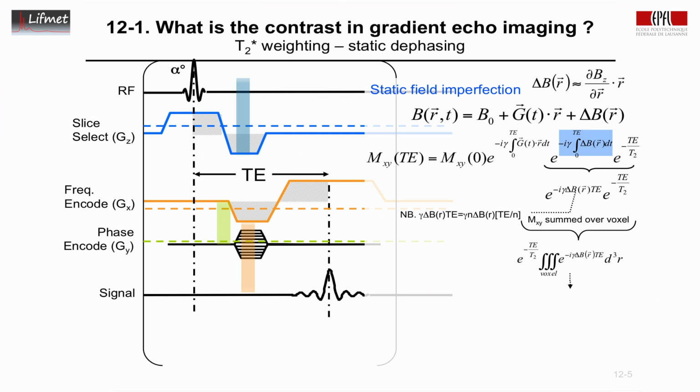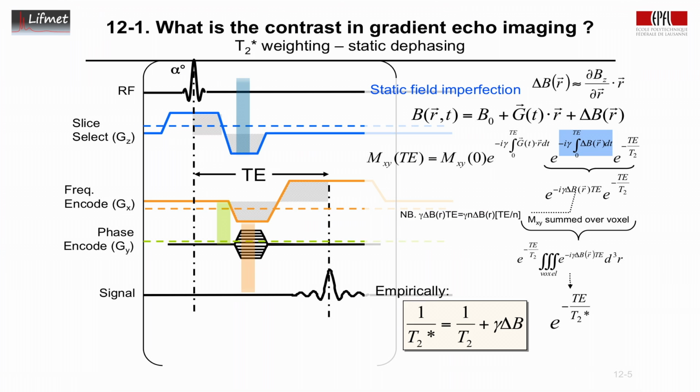Now what one does here is very empirical. We'll just say the signal is still decaying exponentially, but now with a time constant that we'll call T2 star. Empirically there's a relationship between T2 star and T2: 1 over T2 star equals 1 over T2 plus gamma delta B. Delta B is always considered to be a positive term, and gamma is positive, so the right side is bigger.